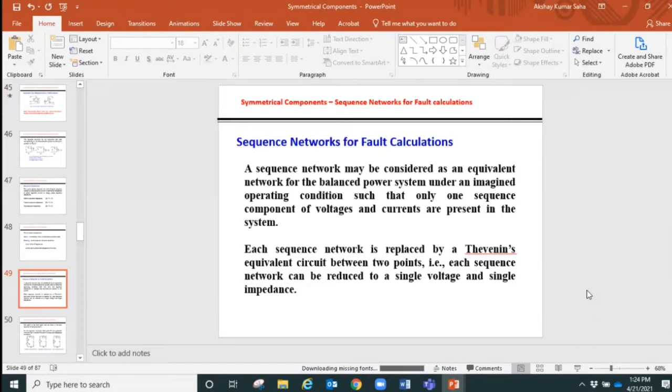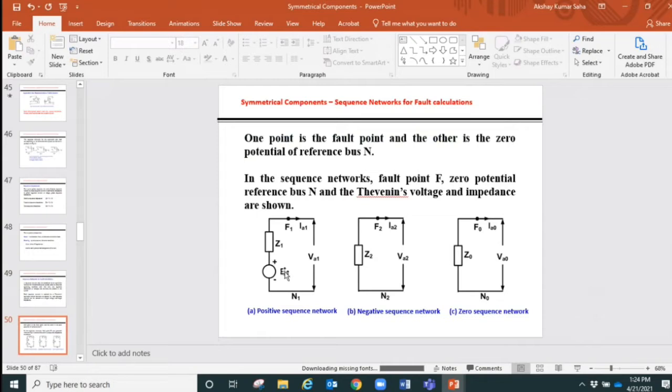So if it is the positive sequence network, we will draw it like this. It will have a voltage source.